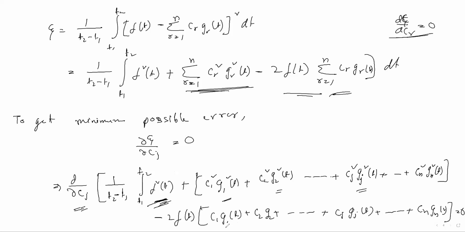And for the last part, only the c_j term remains, so the derivative is 1. Then the next step: 0 plus the integration from t1 to t2 of twice c_j g_j squared(t), minus the integration from t1 to t2 of twice f(t) g_j(t), equal to 0.